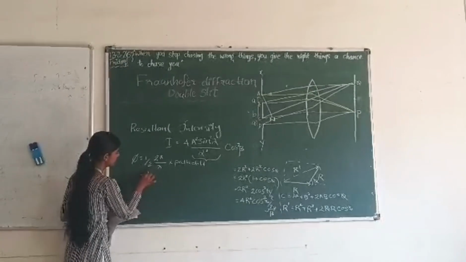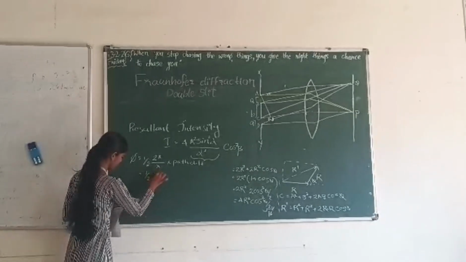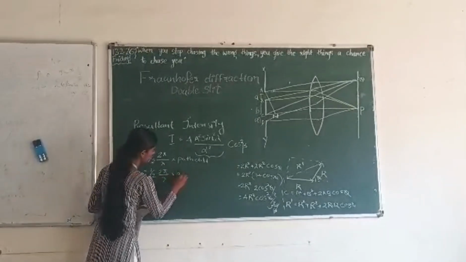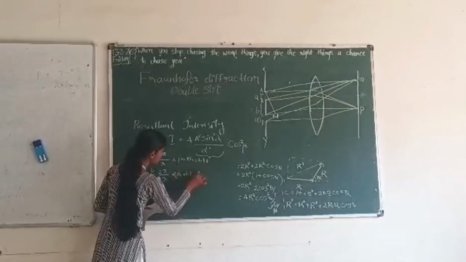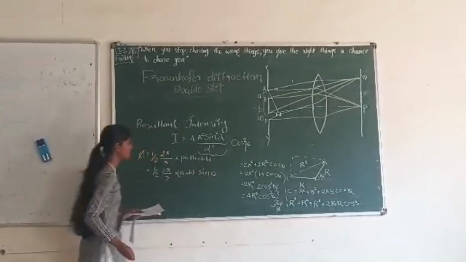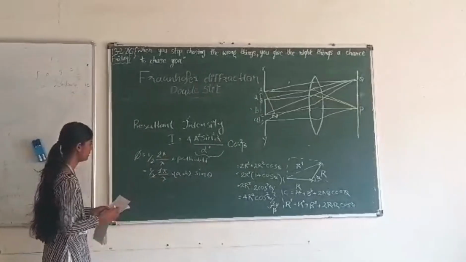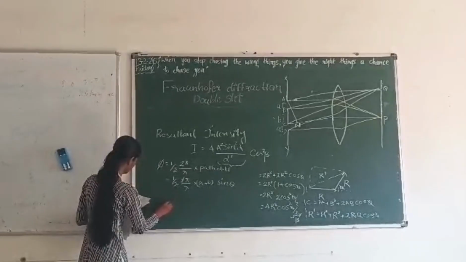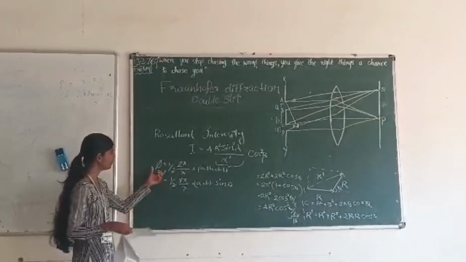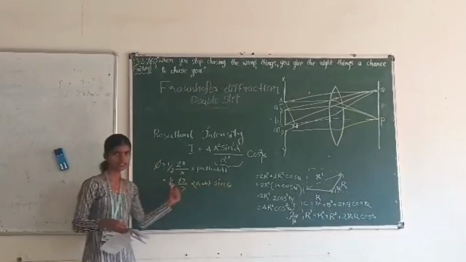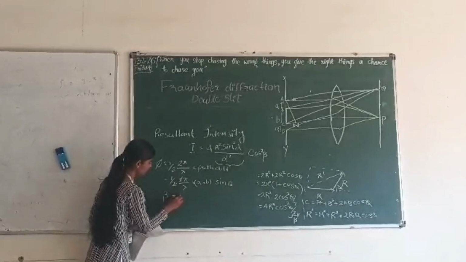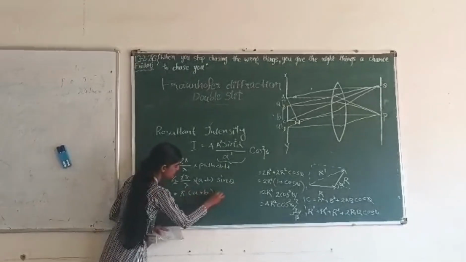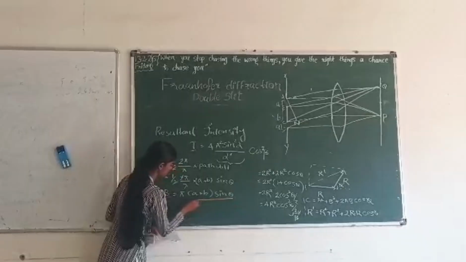So phi is 1 by 2, 2 pi by lambda into a plus b sin theta. Here we are taking phi as theta, so theta is equal to pi into a plus b sin theta.